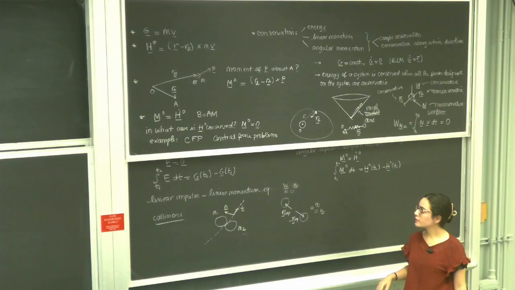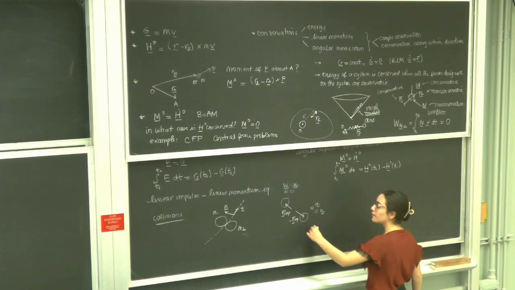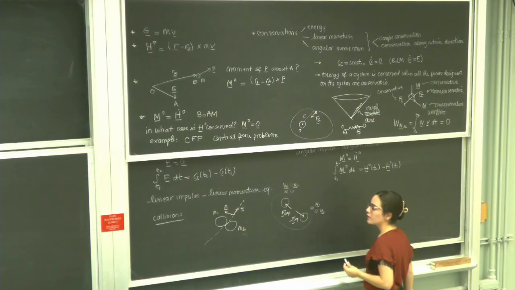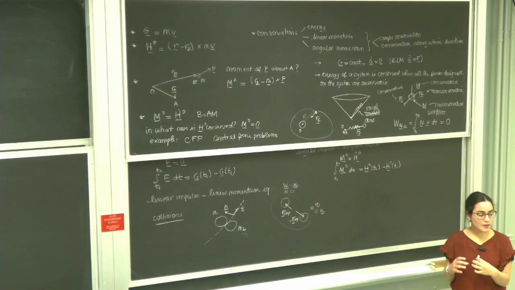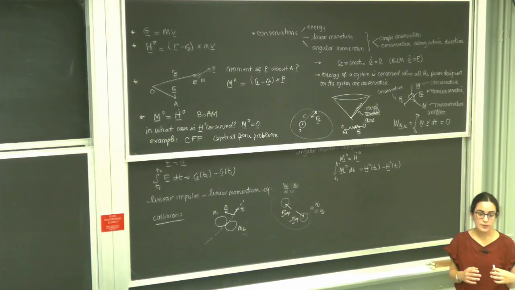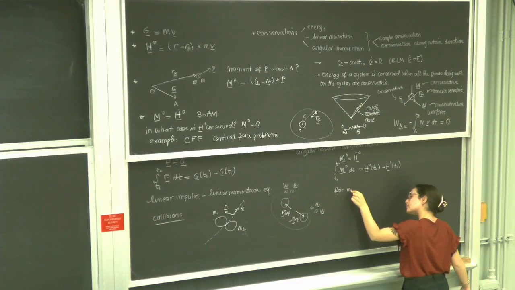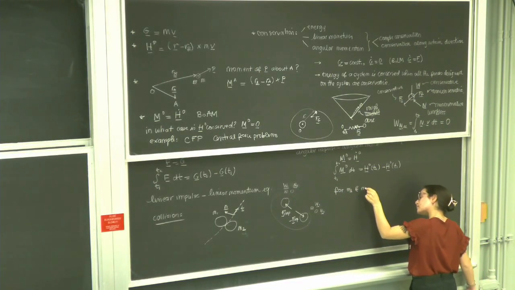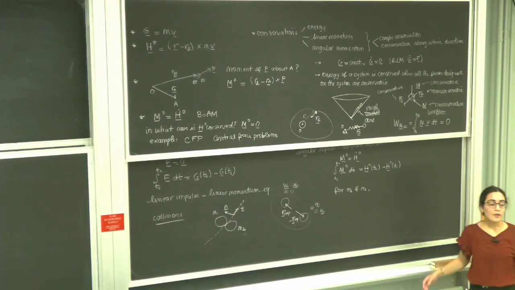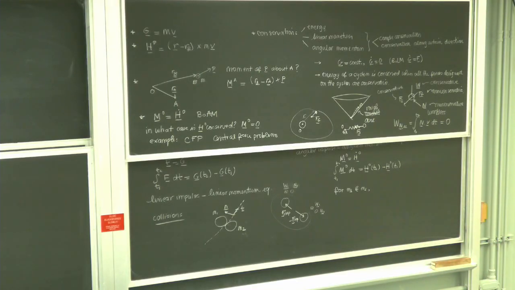Okay, so if I consider the combined system, the sum of the external forces in the plane is 0, right? So for the combined system, for M1 and M2, is the linear momentum of the combined system conserved?